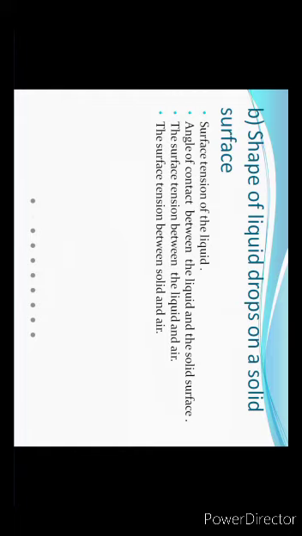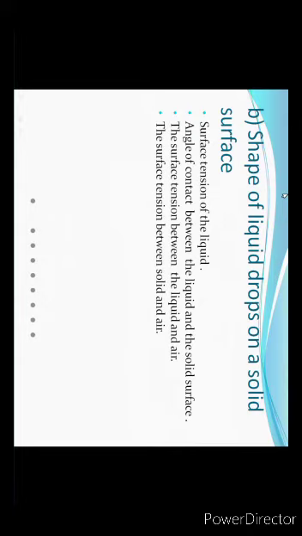The solid also is in contact with air. Air is a different medium and solid is a different medium. Right? So we have to consider the surface tension between solid and air, surface tension between liquid and air, surface tension between solid and liquid, and angle of contact between solid and liquid.